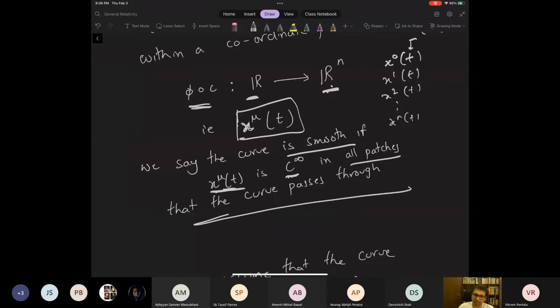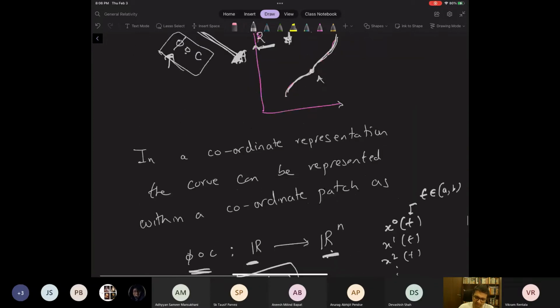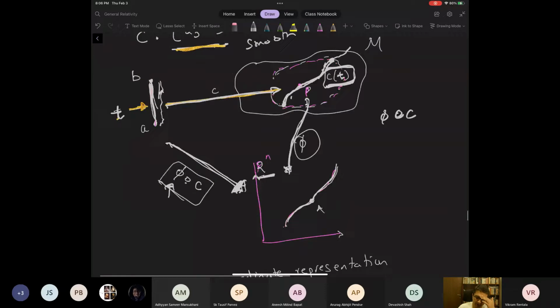So the notion of differentiability is defined. And once we have a notion of differentiability, we can talk about differentiability of this map C itself. If the map C is differentiable, then we say that this curve is a smooth curve through M.